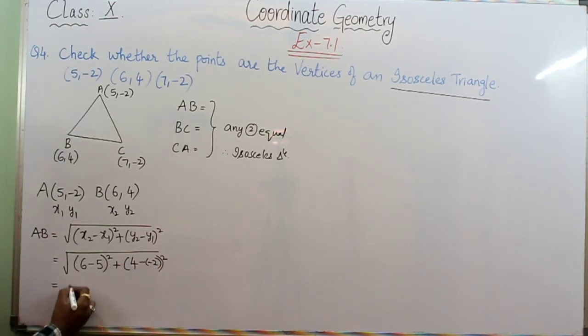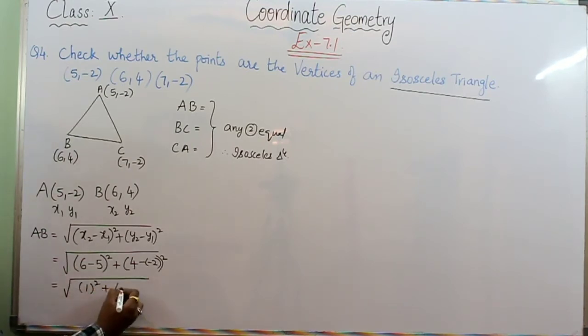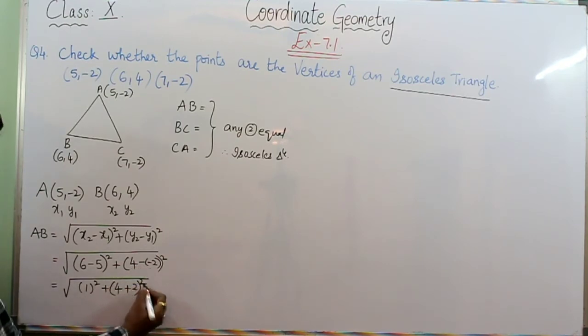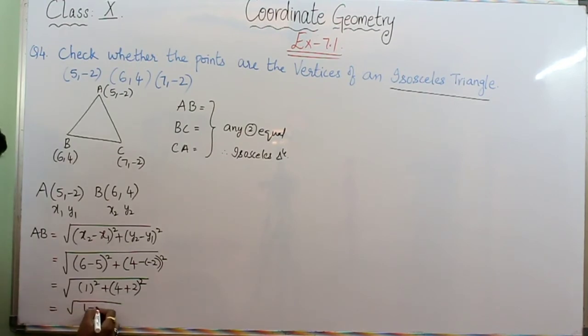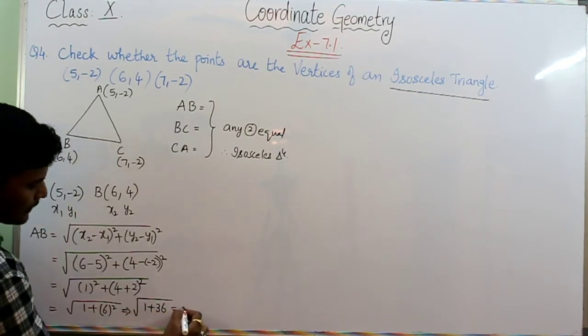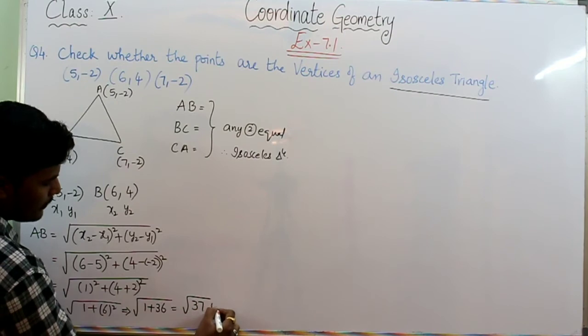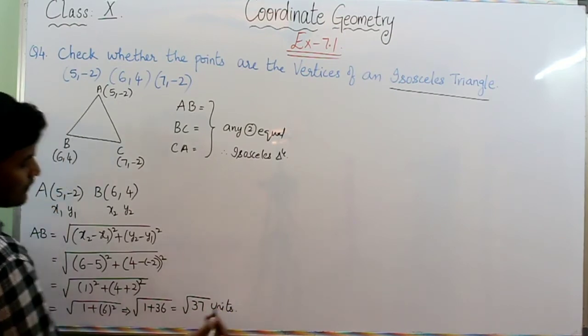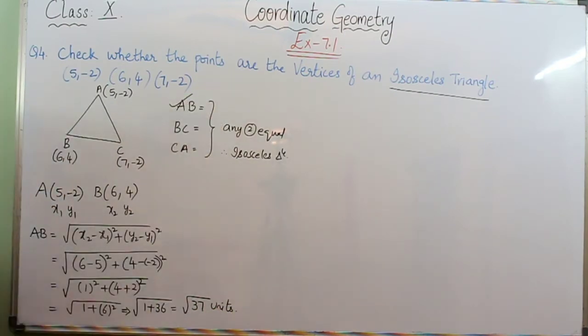So this is square root of 6 minus 5 is 1 square plus 4, minus of minus becomes plus, 4 plus 2 whole square. So this becomes 1 square is 1 plus 6 square, which is 1 plus 36, which is root 37 units. So this is the answer for AB.